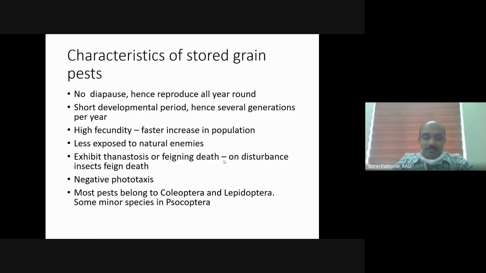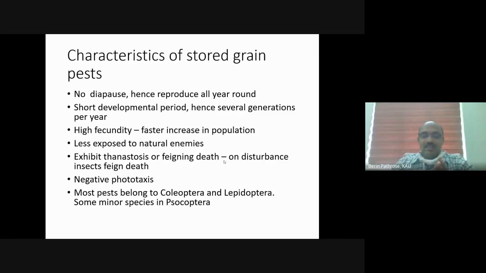And one more thing, we might have studied about several orders of insects attacking crops, starting from say grasshoppers, the Orthoptera, then Hemiptera, Thysanoptera, Coleoptera, Lepidoptera, Diptera, so many you might have studied. But the storage pests belong to two orders, Coleoptera as well as Lepidoptera.